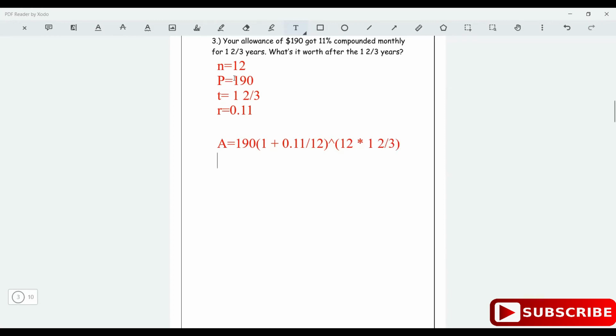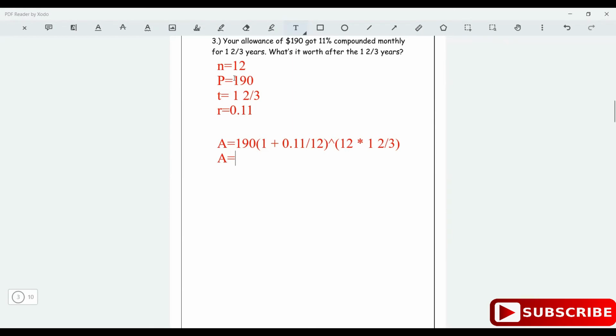And so what we end up getting is the amount is equal to 190 times 0.11 divided by 12 plus 1, all of that raised to the 12 times 1 and 2/3.